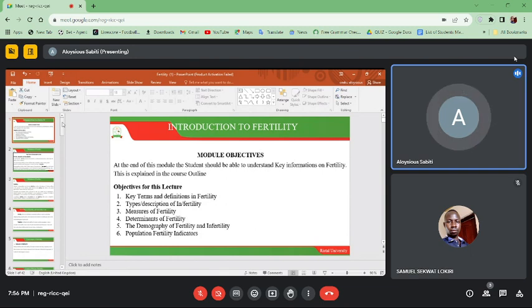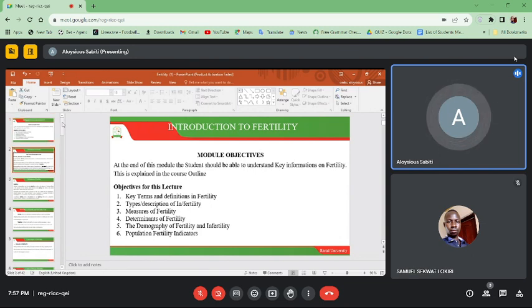How do we measure fertility in a population? The fourth one should be the determinants of fertility. The fifth one, the demography of fertility and infertility. Then population fertility indicators, which originate from some of the measures of fertility.